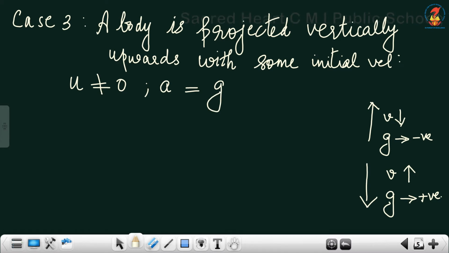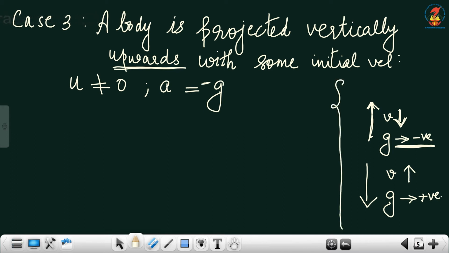But here the body is ascending upwards. When a body moves upwards, its velocity will decrease and hence acceleration due to gravity will have a negative value. So here a will be equal to minus g. Okay. Now let us see how the equations of motion will change.